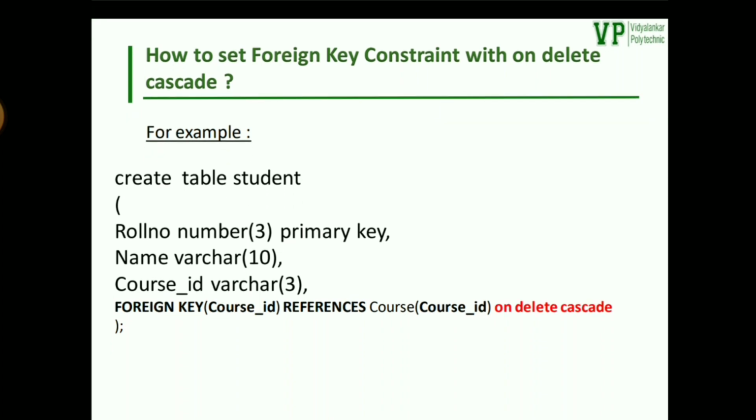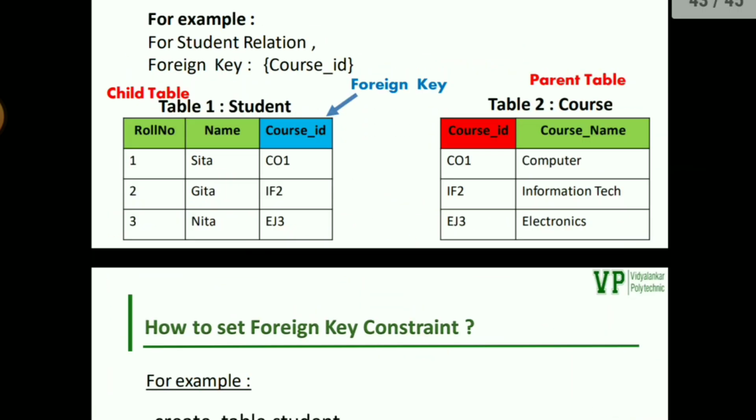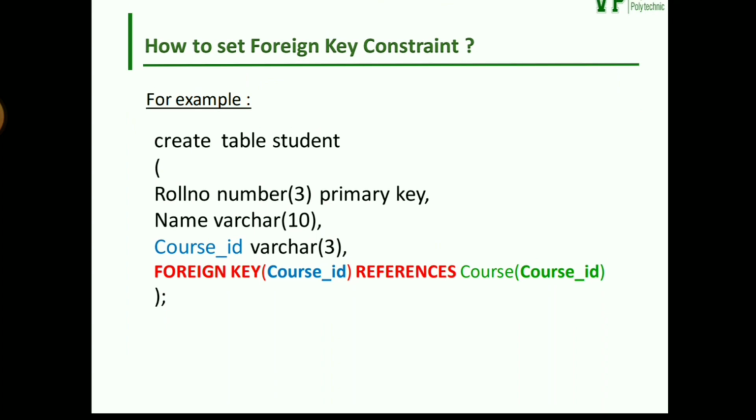So see, create table student, roll number with a data type, primary key, name varchar 10, course ID varchar. We had set a foreign key, right? In the previous video, we had learned how to set the foreign key constraint.